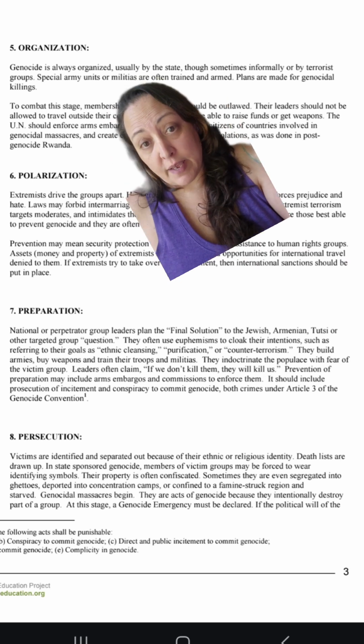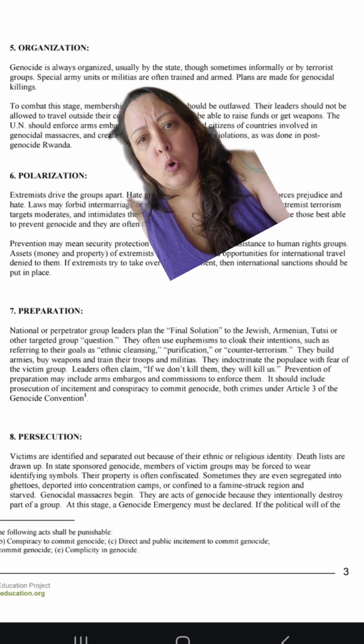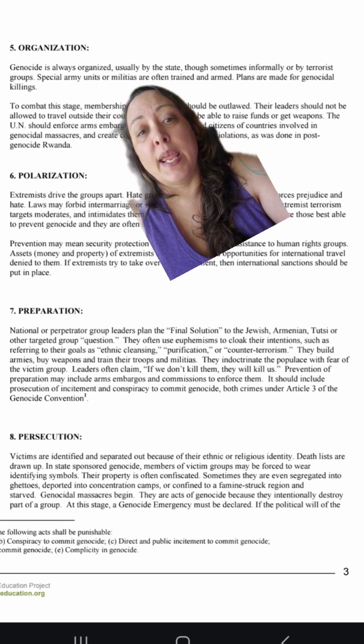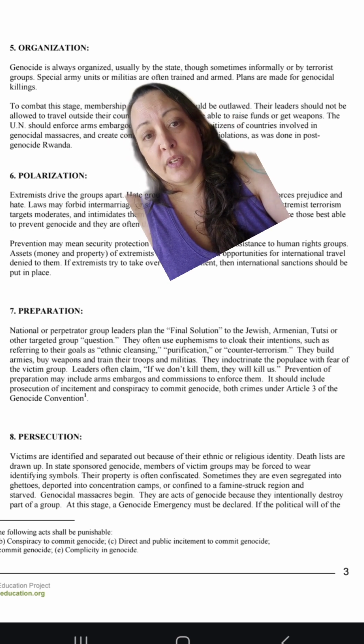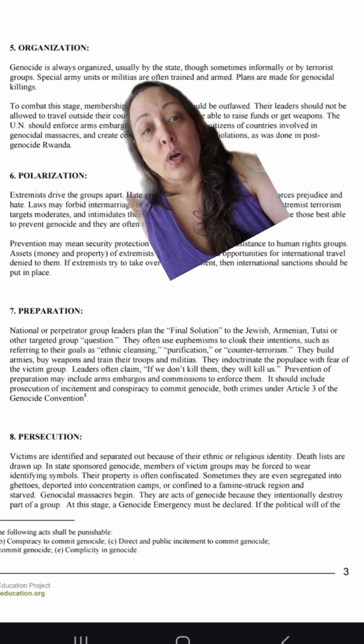So, step 7, preparation. National or perpetrator group leaders plan the final solution to the Jewish, Armenian, Tutsi, or other targeted group question. They often use euphemisms to cloak their intention, such as referring to their goals as ethnic cleansing, purification, or counterterrorism.